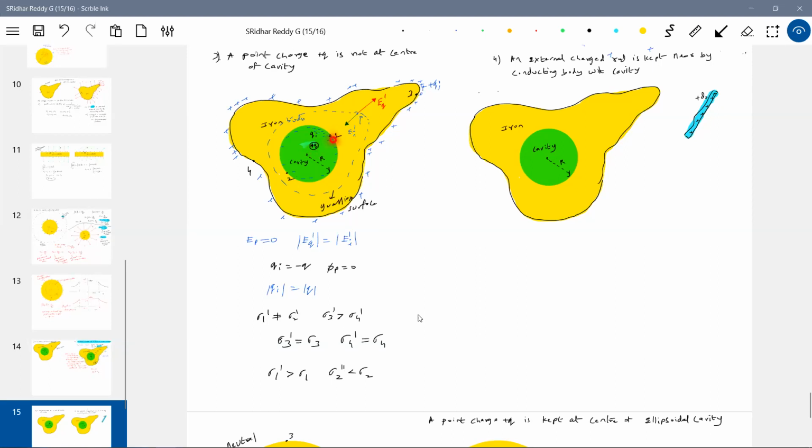So what is the conclusion now? The charge density on inner surface of cavity depends on the shape of cavity and also location of point charge in the cavity. Charge distribution on outer surface of a conductor depends only on its radius of curvature, independent of point charge inside the cavity. Now, these are some conclusions which I had to make.